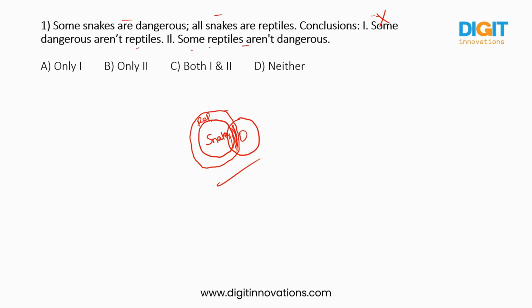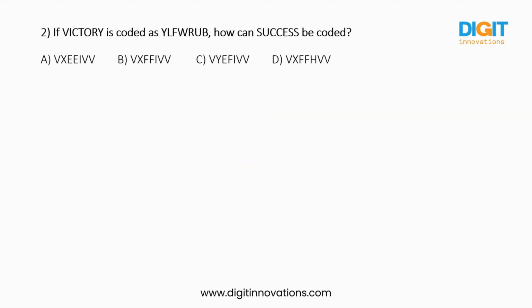When it comes to the next one, some reptiles are not dangerous, but here the dangerous part is there. So this is also not correct. So option D is the answer, which is neither. I hope you are clear. I'll go to the next question.